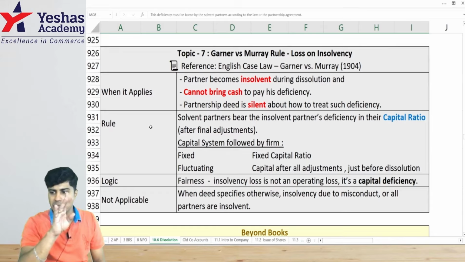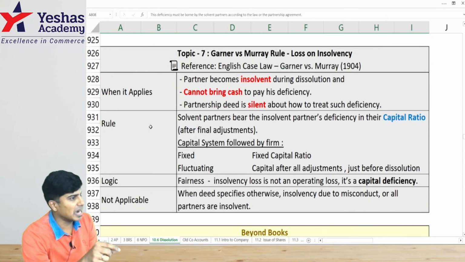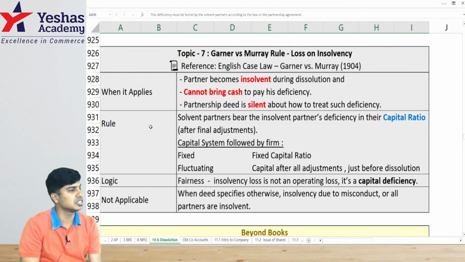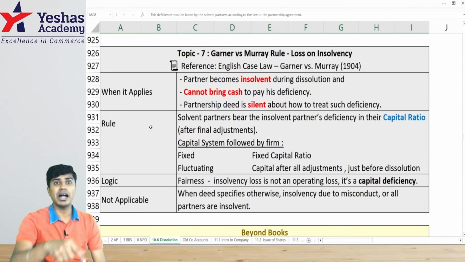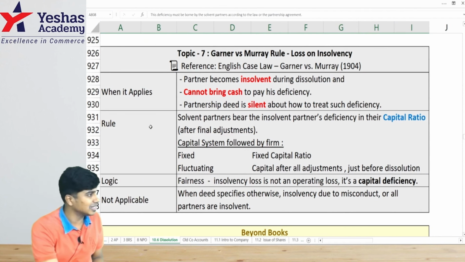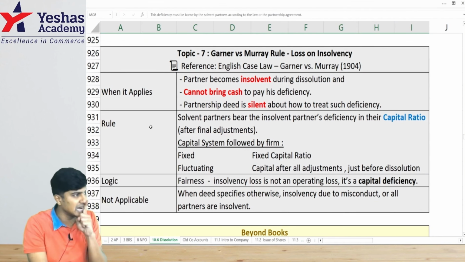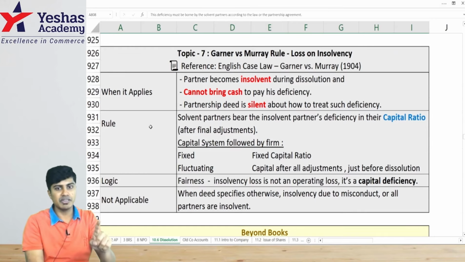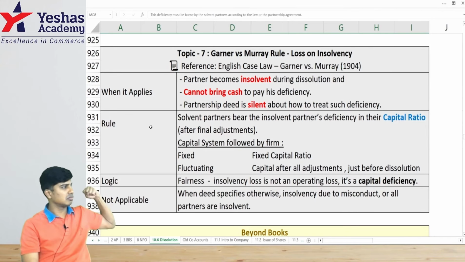What if Rama, Bhima and Soma are partners and in the partnership deed it is told what to do if one of the partners is insolvent? We will do what the partnership deed tells. Only and only if the partnership deed is silent, then we will apply the learnings of the Garner versus Murray case law.